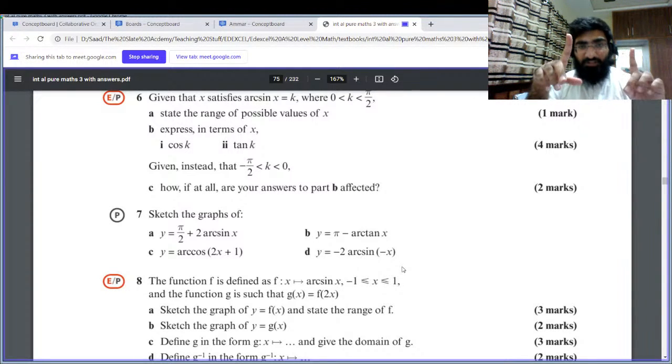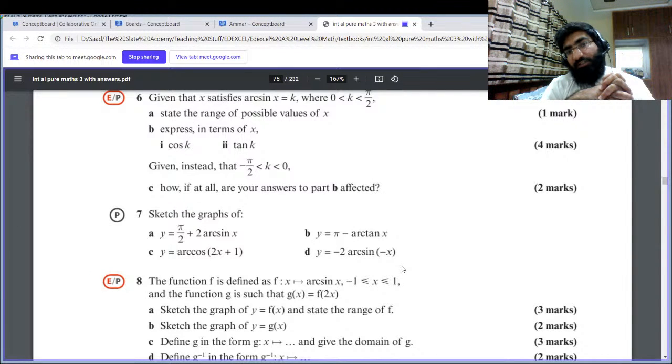So it means that I'm looking for a value of x which will give me sine theta between 0 and pi by 2. So sine 0 to sine 90 degrees. Sine 0 is 0 and sine 90 is 1. So k is a value between 0 and 90 degrees, and x is a value between 0 and 1.